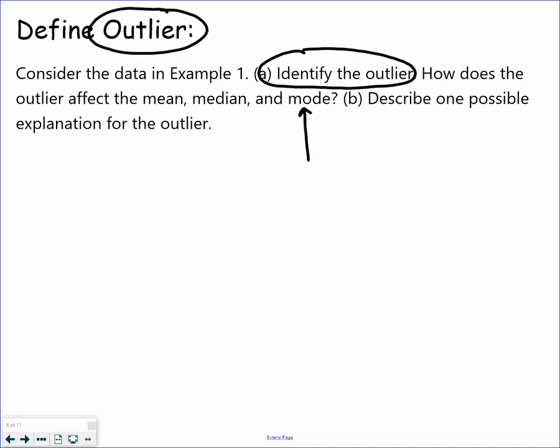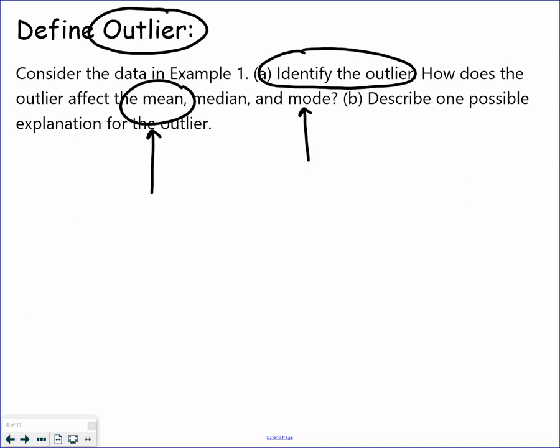If you have a very large number, it does move the median up by one spot. But the mean is what is affected the most, okay? The outlier affects the mean the most because ultimately it changes the central number of the average because it adds much more to the data set.